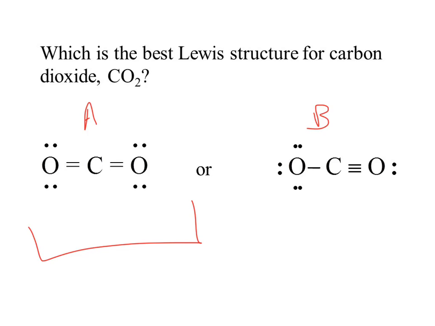Back to the expected valence of an oxygen atom, B does not seem right. We also tend to gravitate towards symmetry, which is also structure A. But I will tell you, these are resonance structures. It's just that one is not so much an ingredient in the reality of CO2.